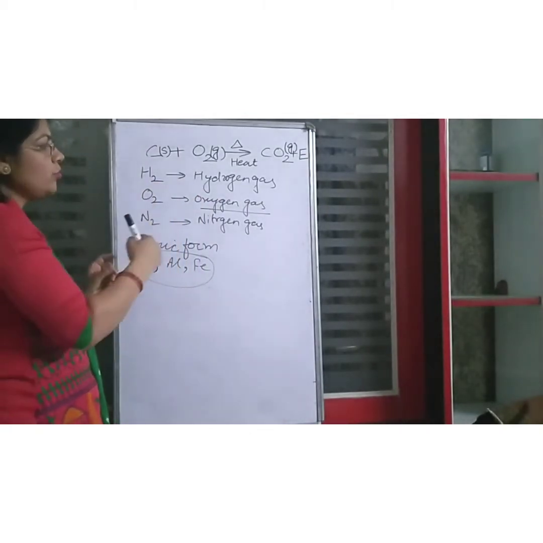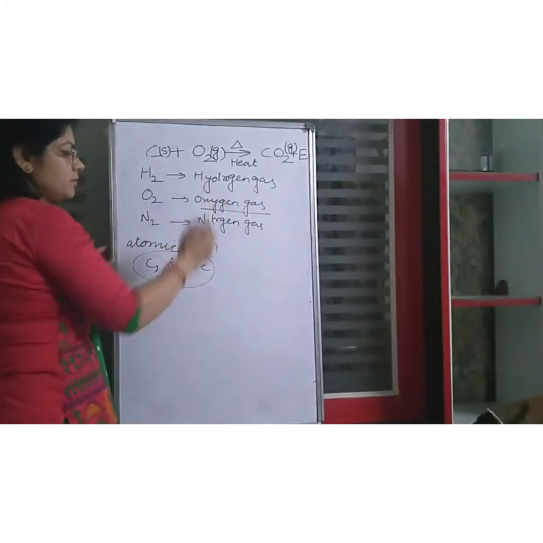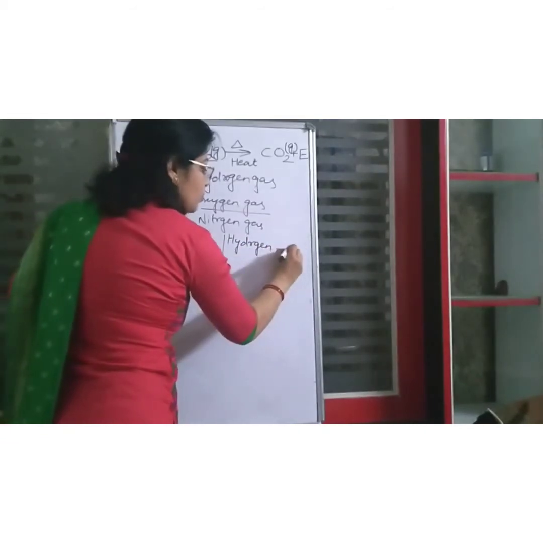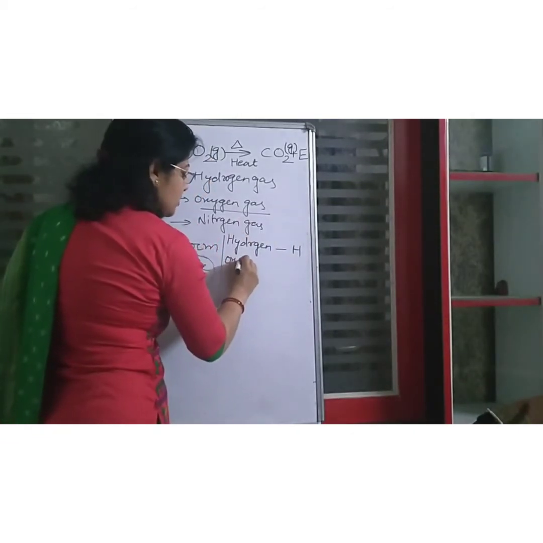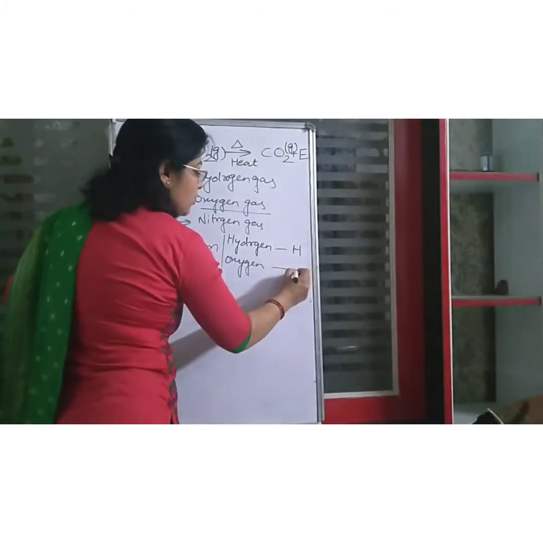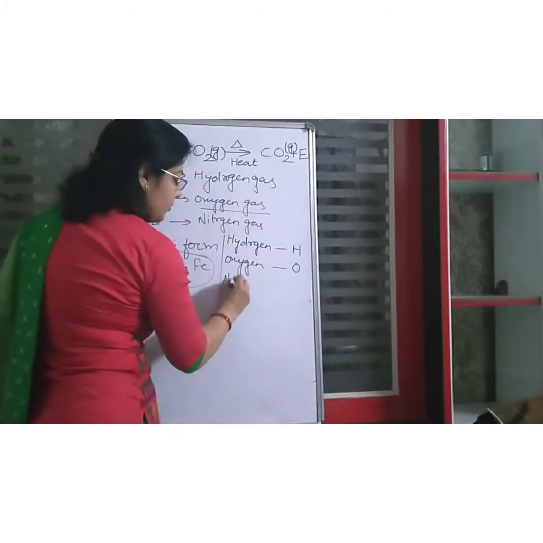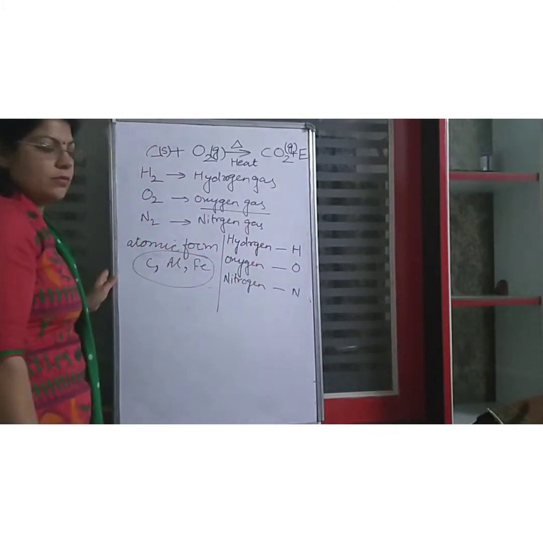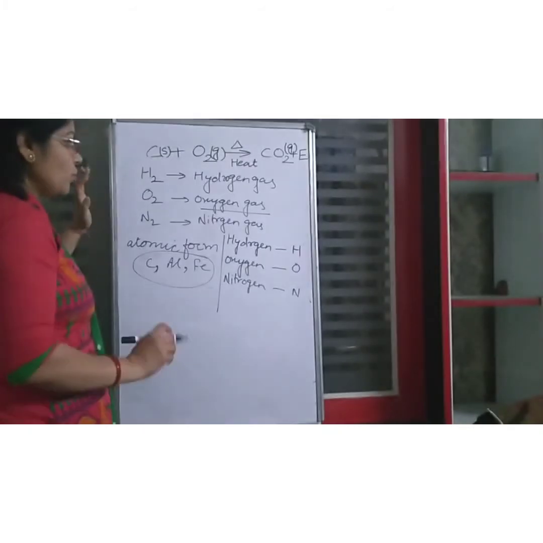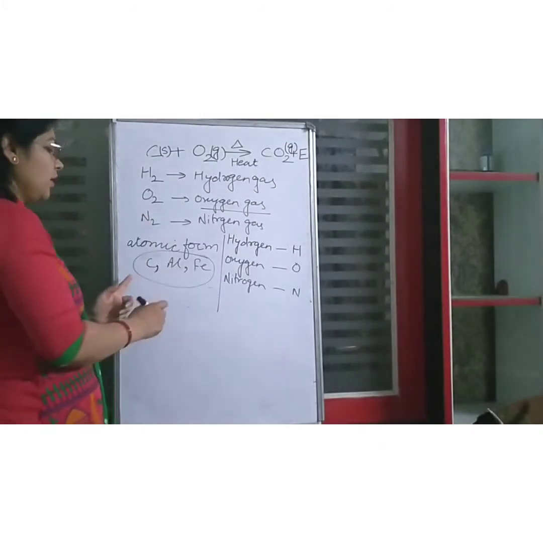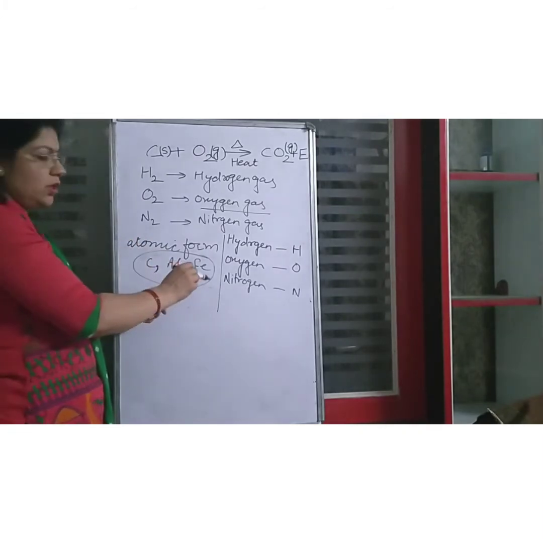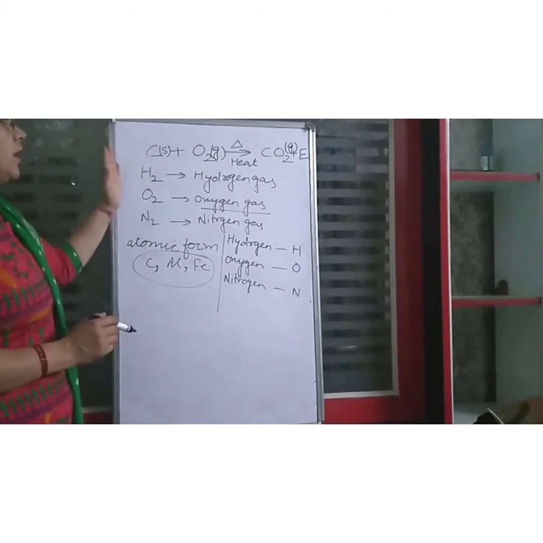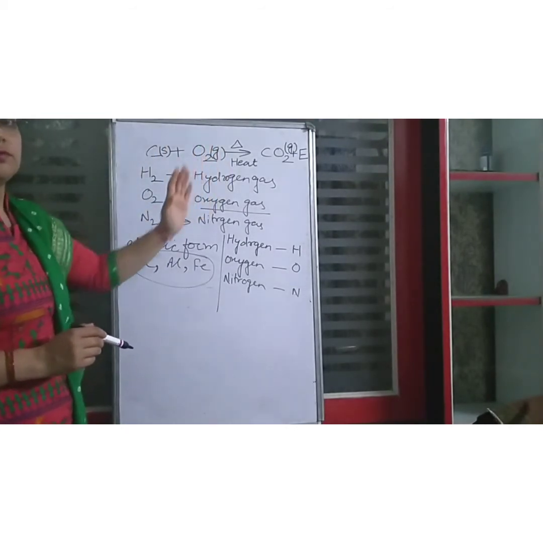If we want to represent a hydrogen atom, we use the symbol H. For an oxygen atom we use the symbol O. Similarly, for a nitrogen atom we use N. And mostly atoms of the periodic table exist as such in their molecular state. This makes the reaction more informative.